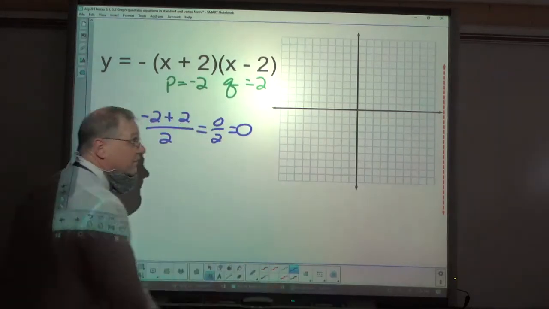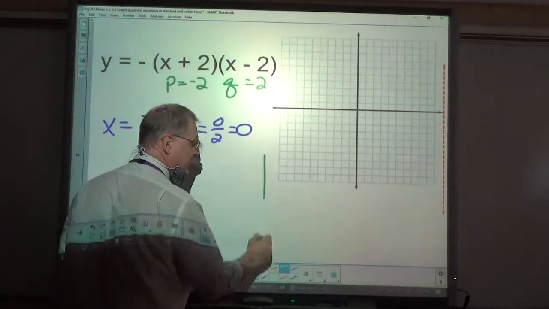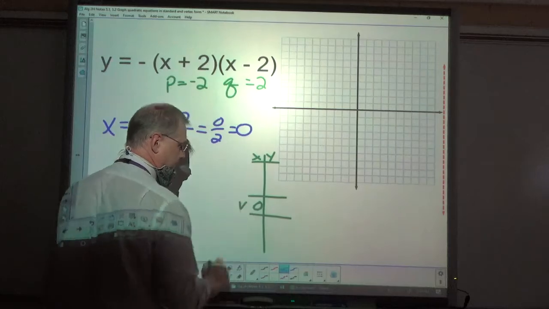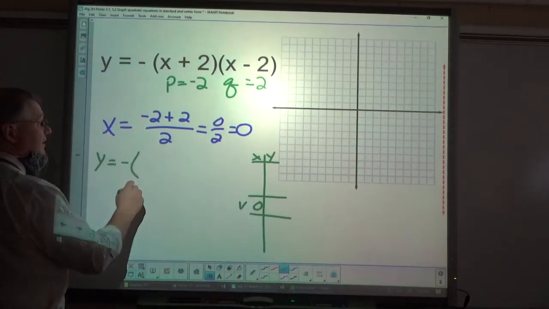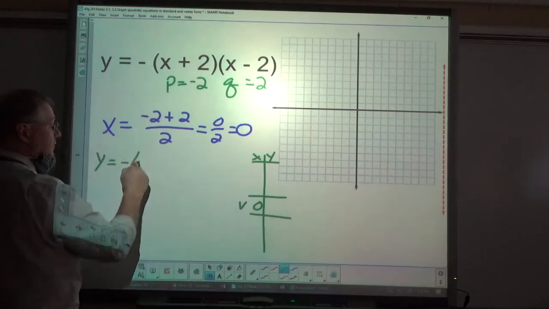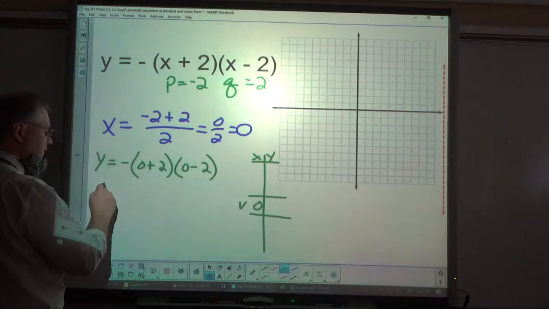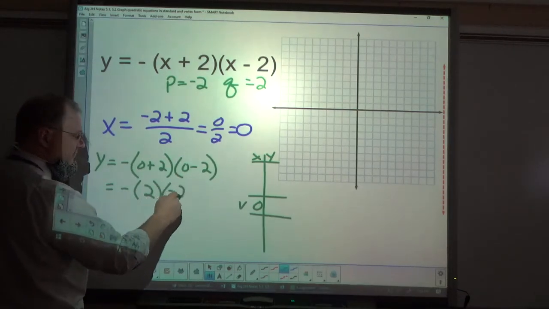So the x value of my vertex is 0. So I can make a table of values here, 0. So the y value, if I plug it in, 0 plus 2, 0 minus 2. 0 plus 2 is 2, 0 minus 2 is negative 2.